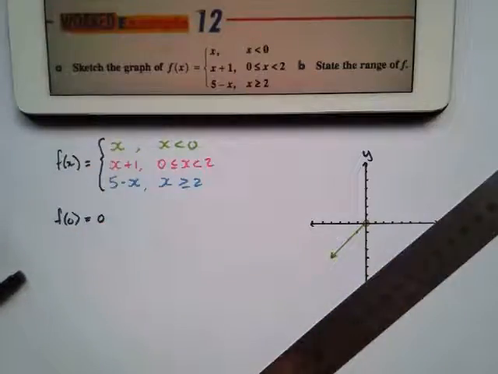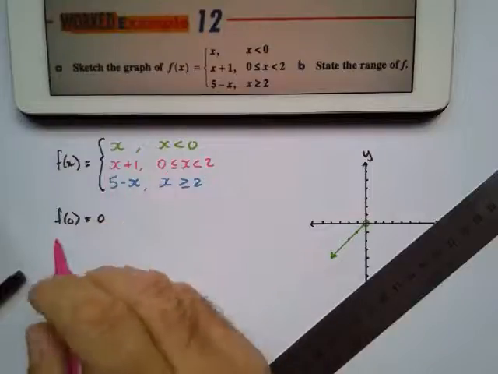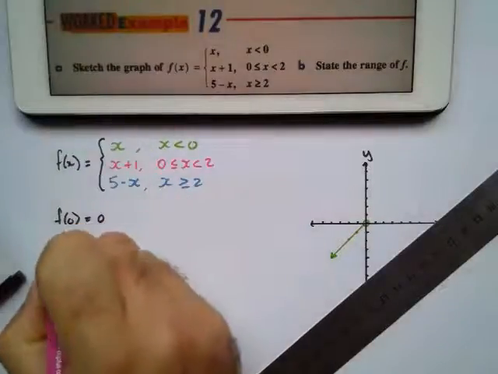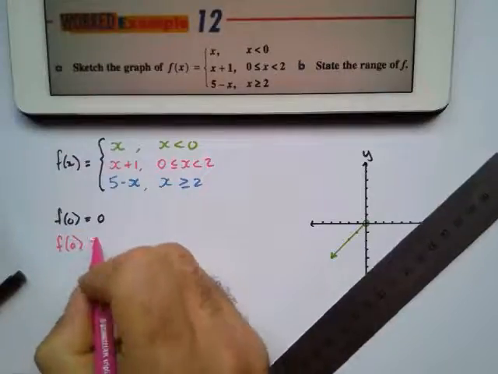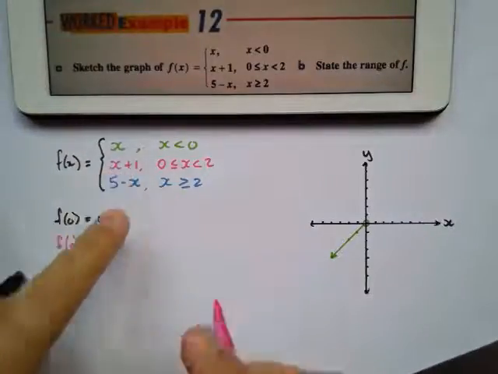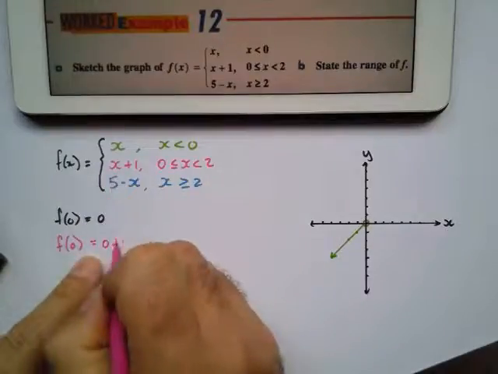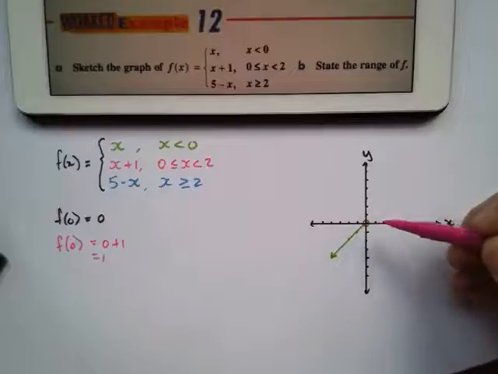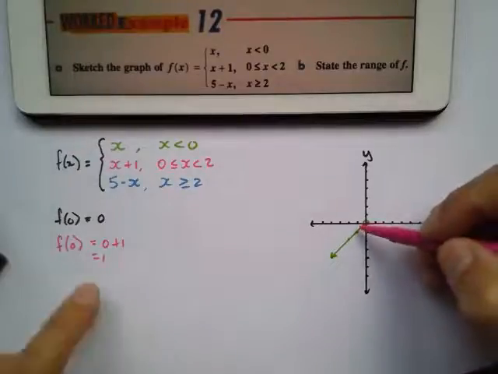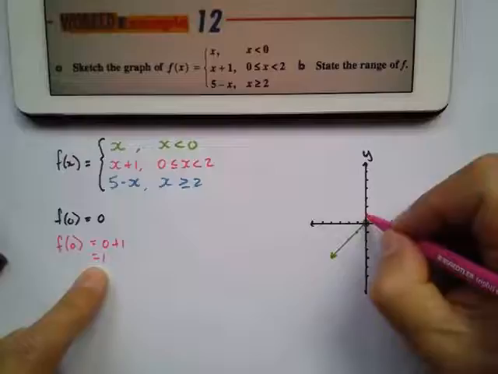Now what happens between 0 and 2? Between 0 and 2 we're going to apply this rule. So I'm going to find out what is f at 0 for this equation, which means I'm going to substitute 0 into the place of x, 0 plus 1, and that gives us 1. So when x is 0, y equals 1.